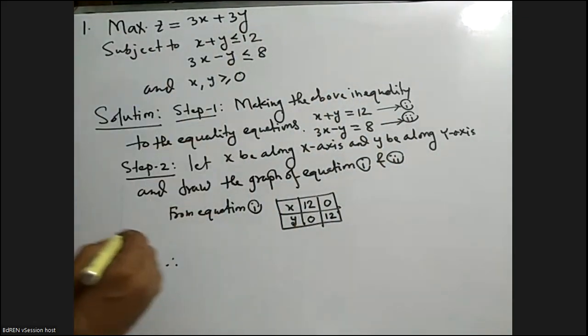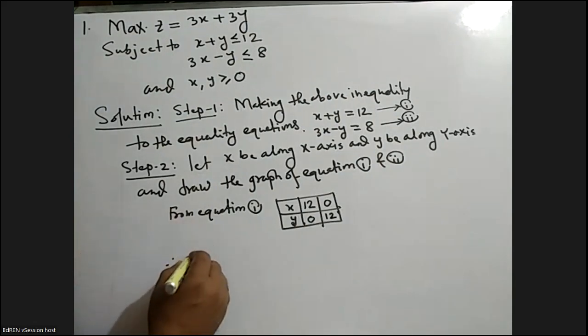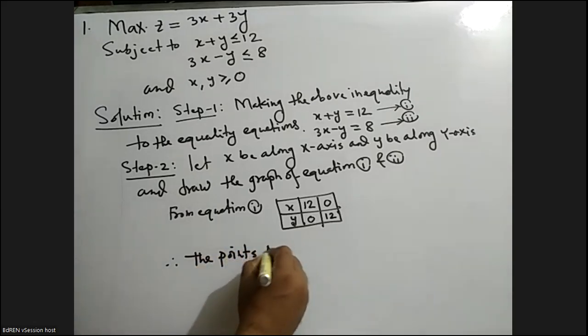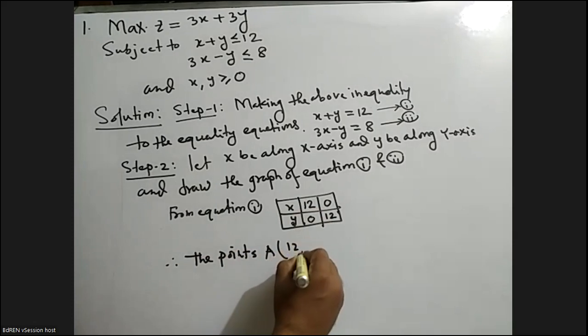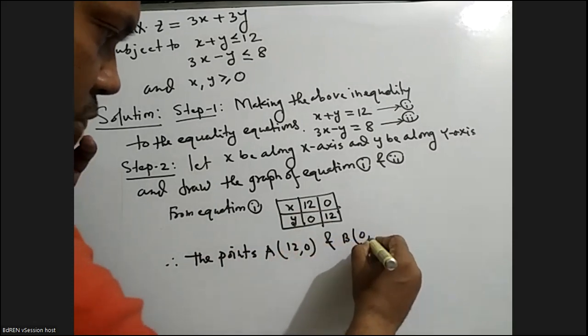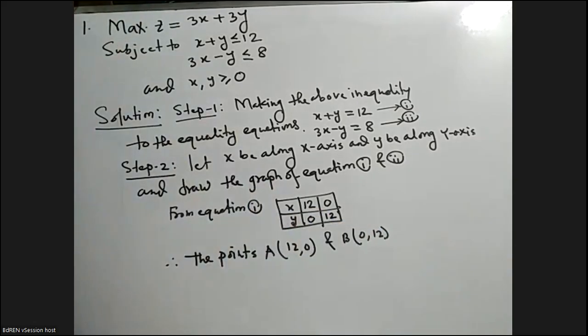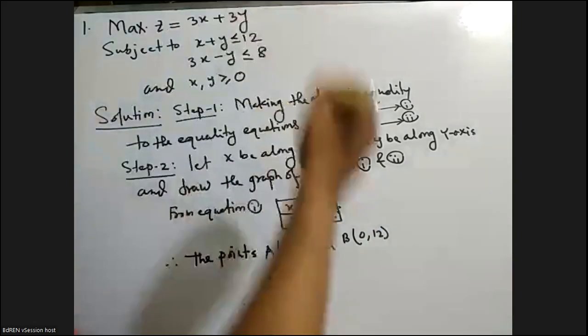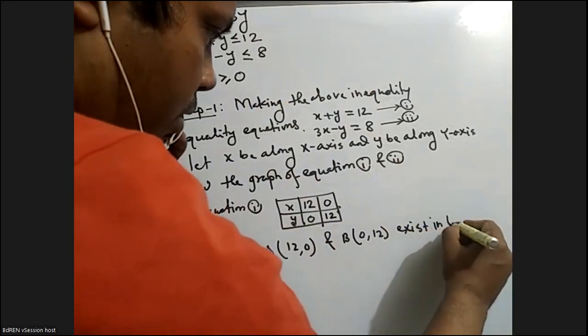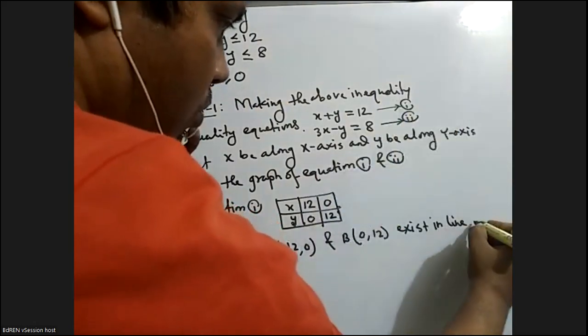Therefore, the points A, suppose (12, 0), and another point (0, 12) exist on line 1, equation 1.